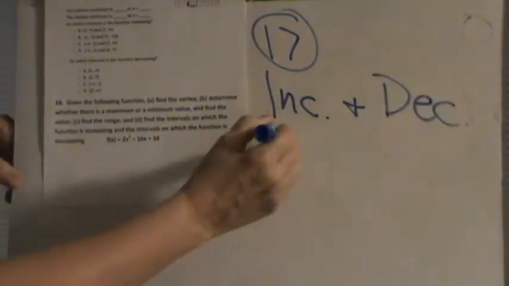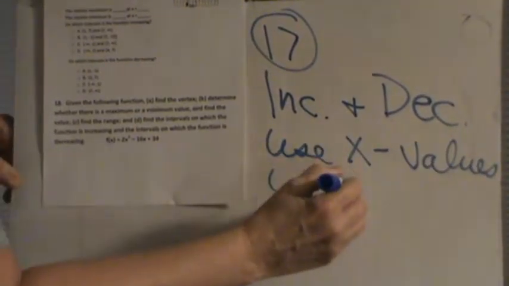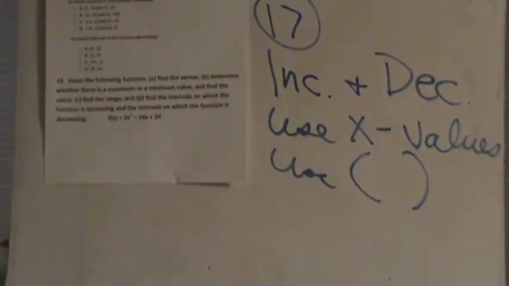Before we start, I want to remind you that for increasing and decreasing, you use your x values and you use parentheses, never brackets.